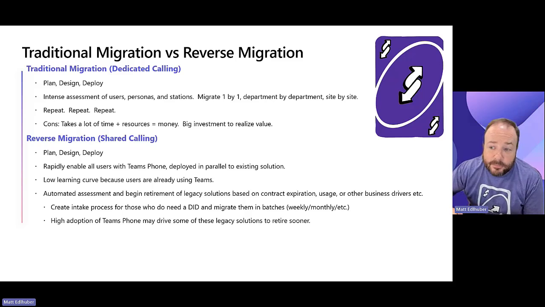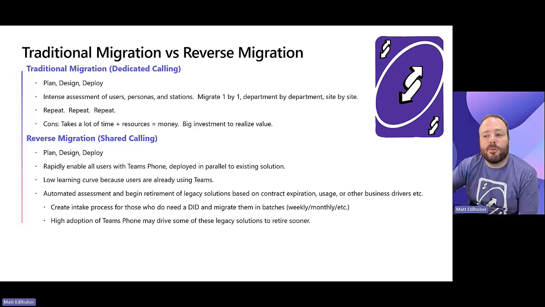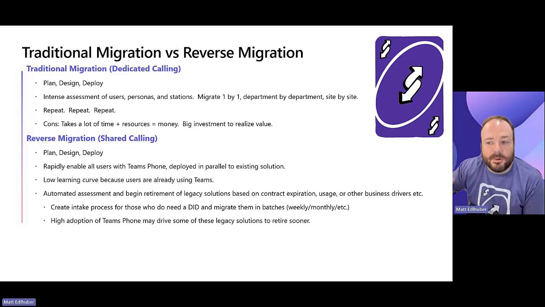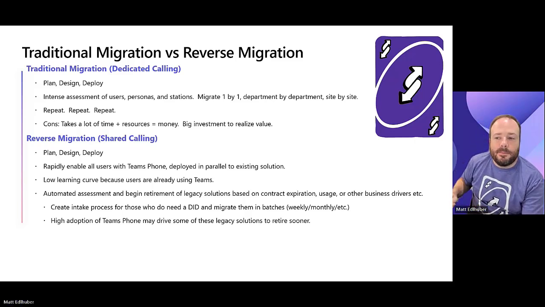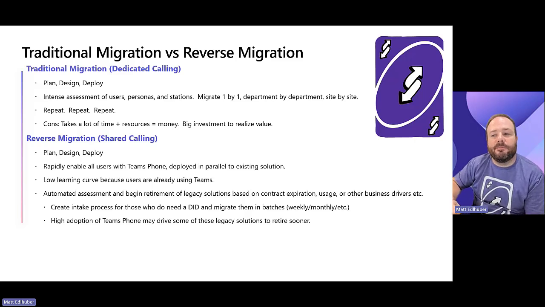Maybe it's an outbound-only first experience, but it is a very small learning curve for most users to put a dial pad in their existing Teams client and tell them to place a call, right? It's not a super difficult concept. Most users can grab that very quickly and start embracing that.